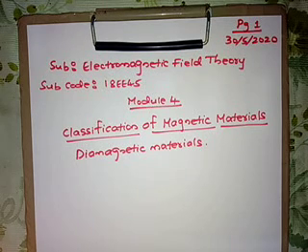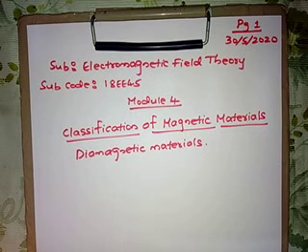In ferromagnetic materials, the adjacent atoms line up their magnetic dipole moments in a parallel fashion. The region in which the magnetic dipole moments are arranged in a parallel fashion is called a domain. So these are ferromagnetic materials in which the dipole moments align parallel to each other.